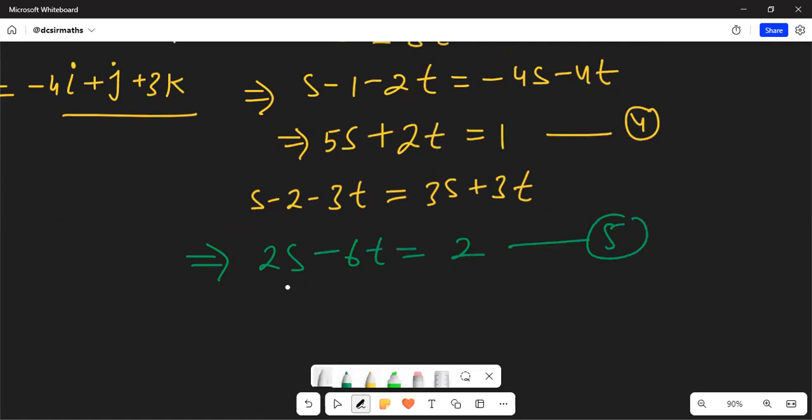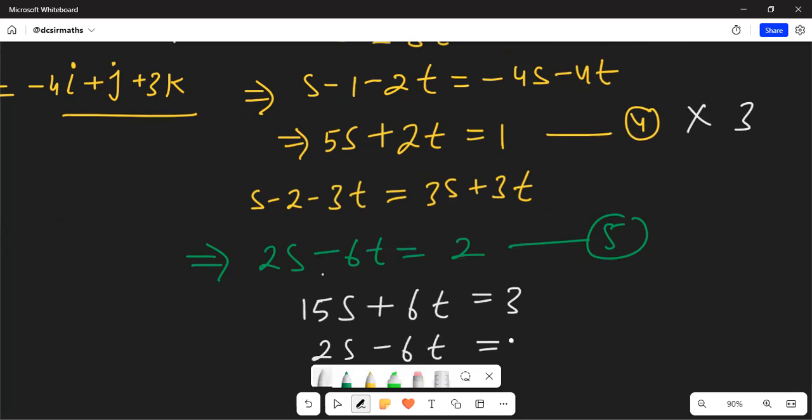To solve 4 and 5, this is 2s, 6t. I can multiply equation 4 by 3 and then add it with equation 5. Multiplying by 3 will give you 15s plus 6t equal to 3, and writing the other equation as it is, negative 2s minus 6t is equal to 2.